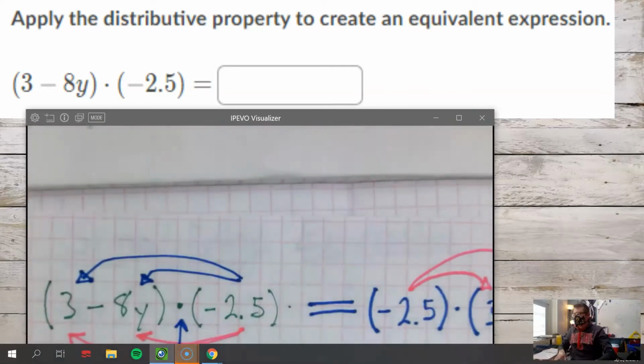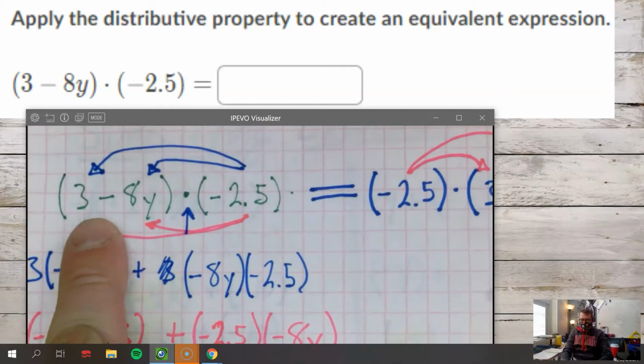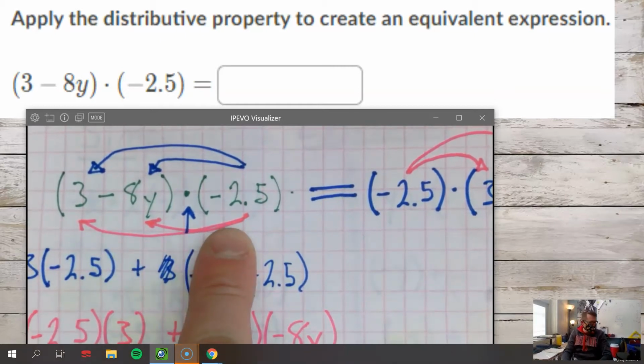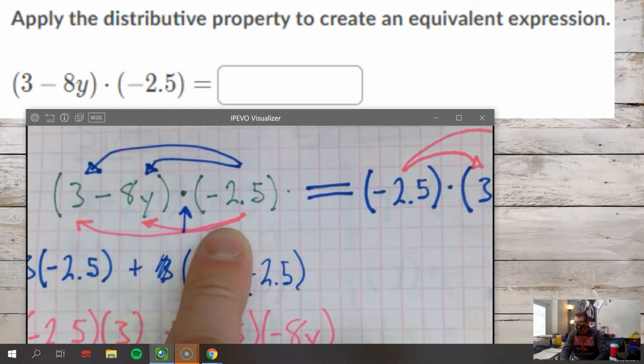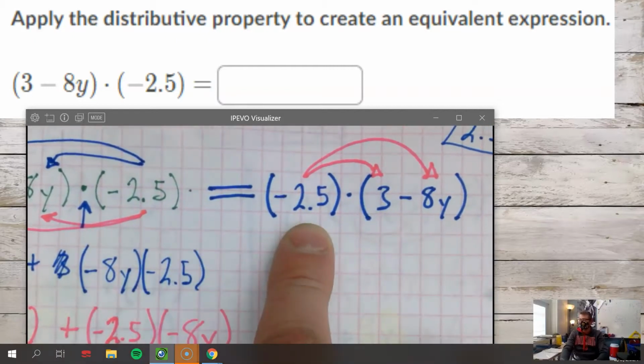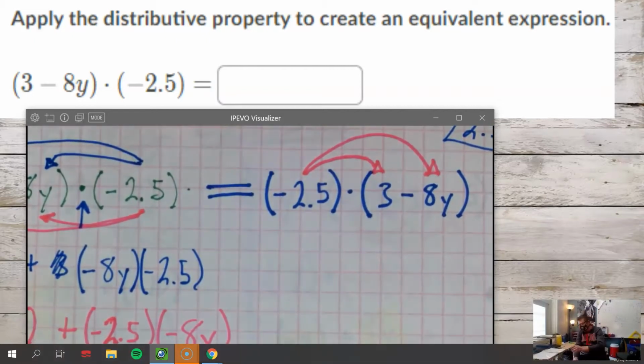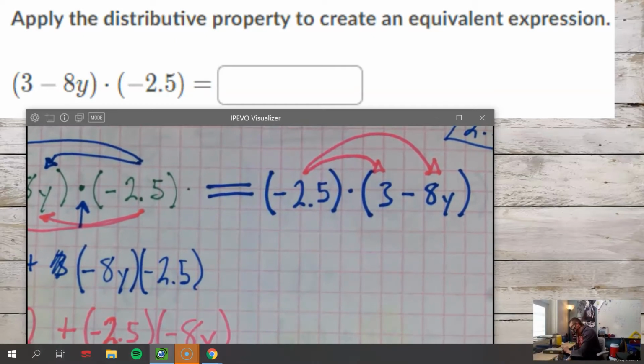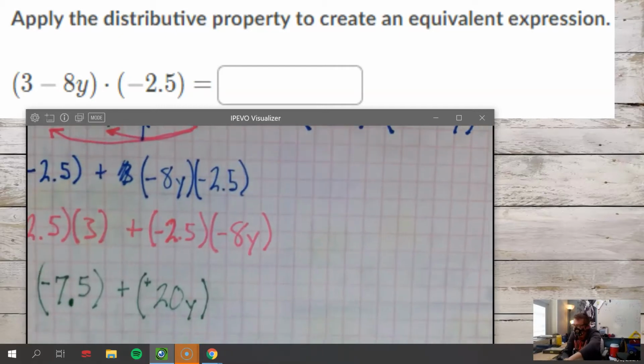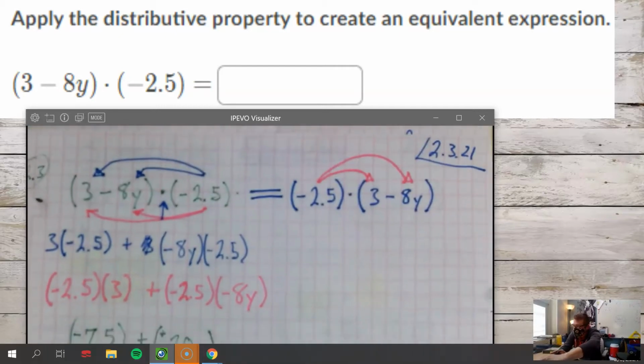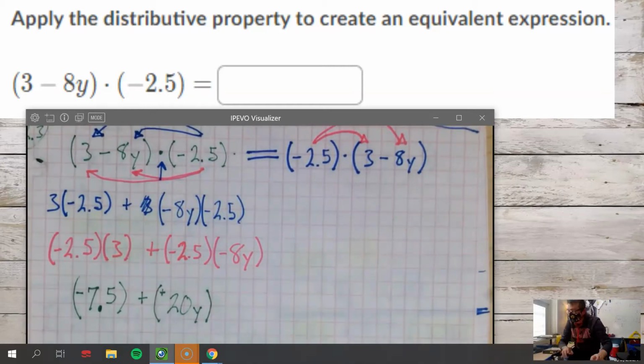So check it. 3 minus 8y times negative 2.5 is the same thing as if the multiplication came first. We could do this in the other order, and regardless, you'll get the same answer. So what I want you to see is you can either draw the arrows backwards or rewrite it with the multiplier first.